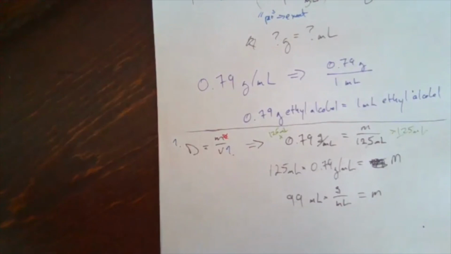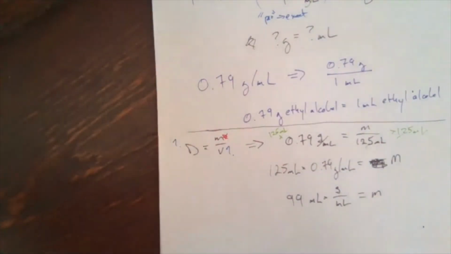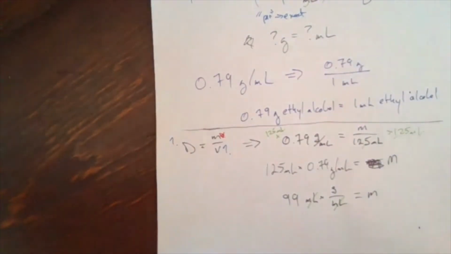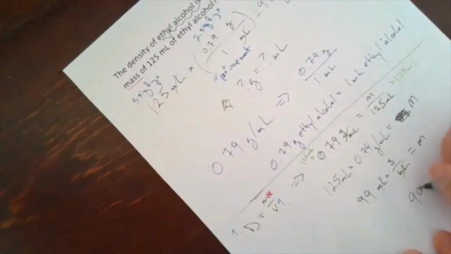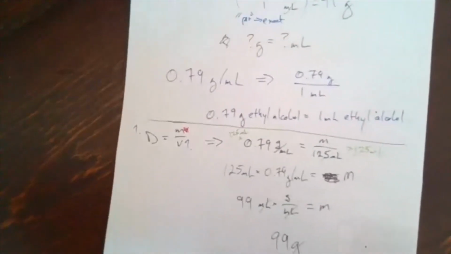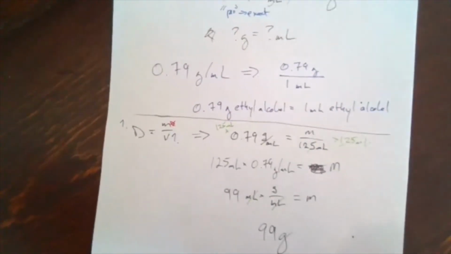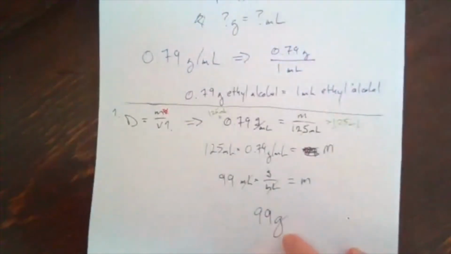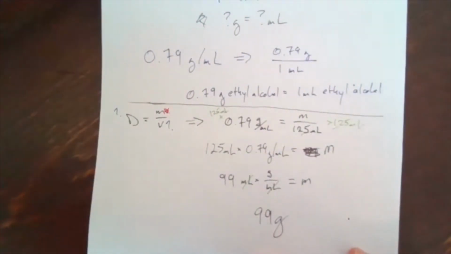And so just like we saw previously, those milliliters cancel out, and I get 99 grams. Which matches what I got up here. 99 grams from the unit conversion, 99 grams from the algebra.